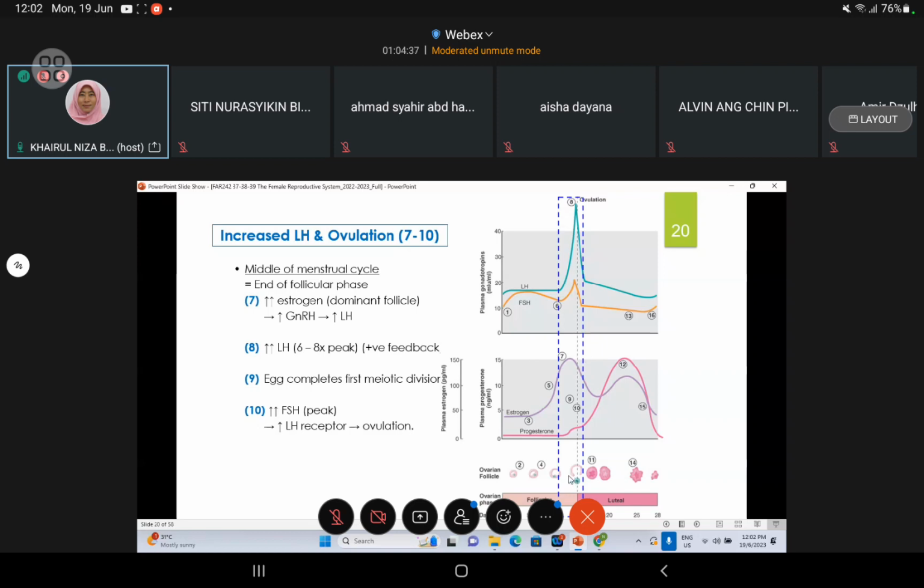So what happens to the egg is that the egg completes the first meiotic division, okay? And at the same time, FSH also reaches its peak. And this is important because it induces the formation of LH receptor, which leads to the ovulation process. Okay, so that is the next stage in the menstrual cycle.